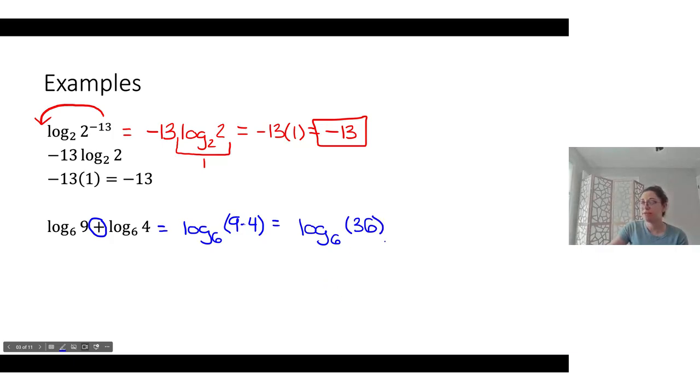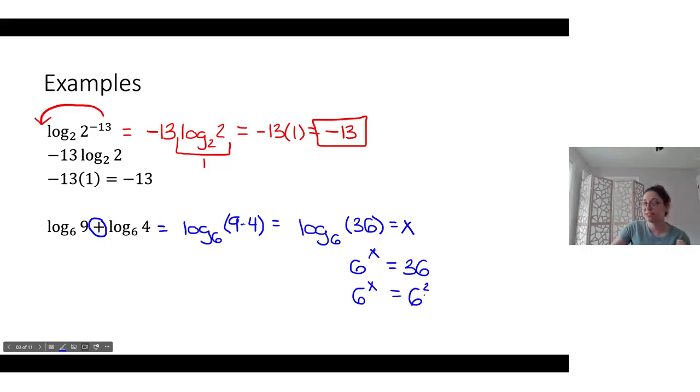And then from here, I can evaluate either just by knowing what the logarithm is asking, or the way we did this in class last week to evaluate is we set the logarithm equal to x, and we rewrote this as an exponential equation where we have our base to the power of x equals 36. 36 is 6 squared.